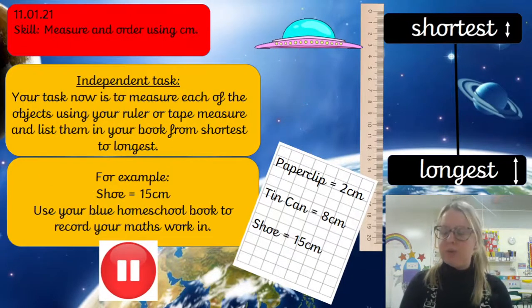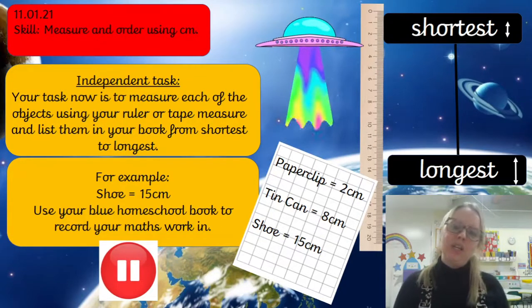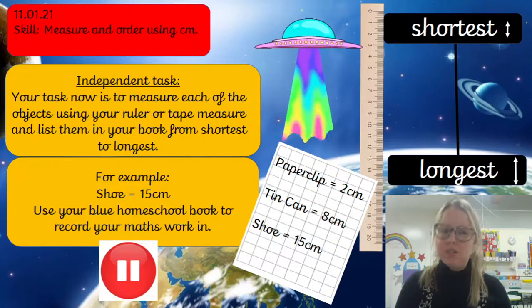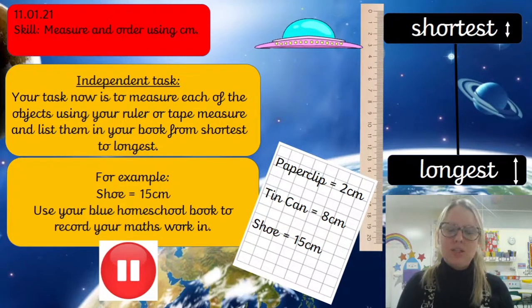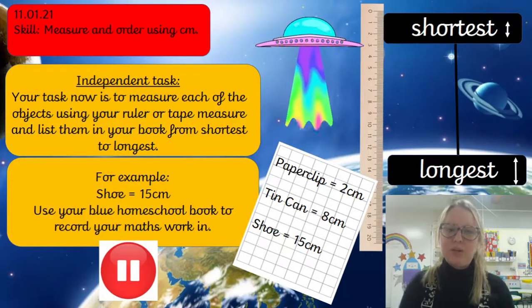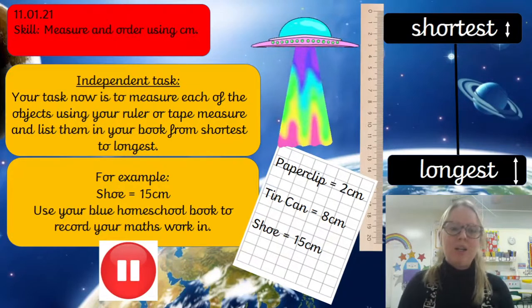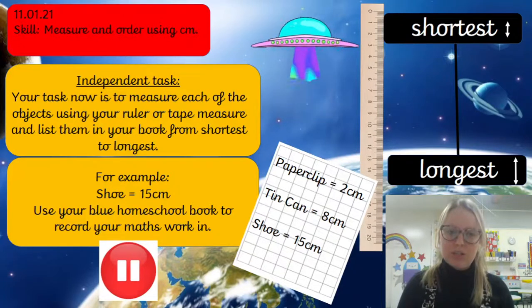Okay, so you should have all of your objects lined up from shortest to longest, just like you did with your aliens last week. What you need to do next is to measure each of the objects using your ruler or your tape measure and list them in your book from shortest to longest.